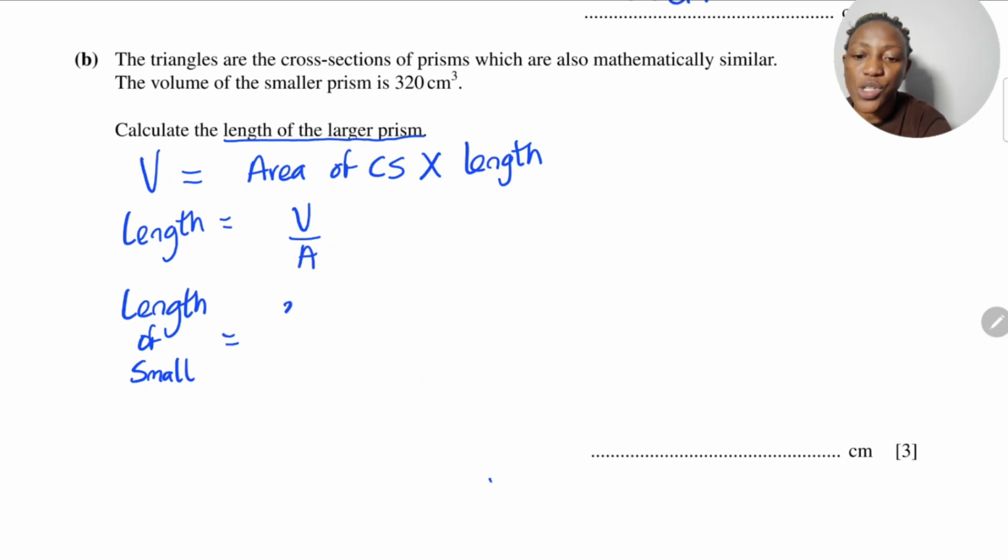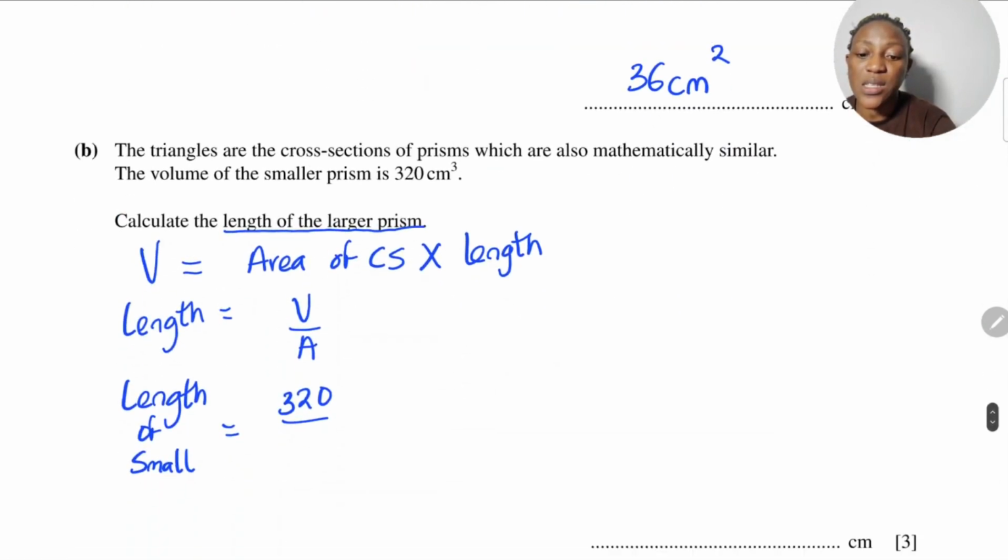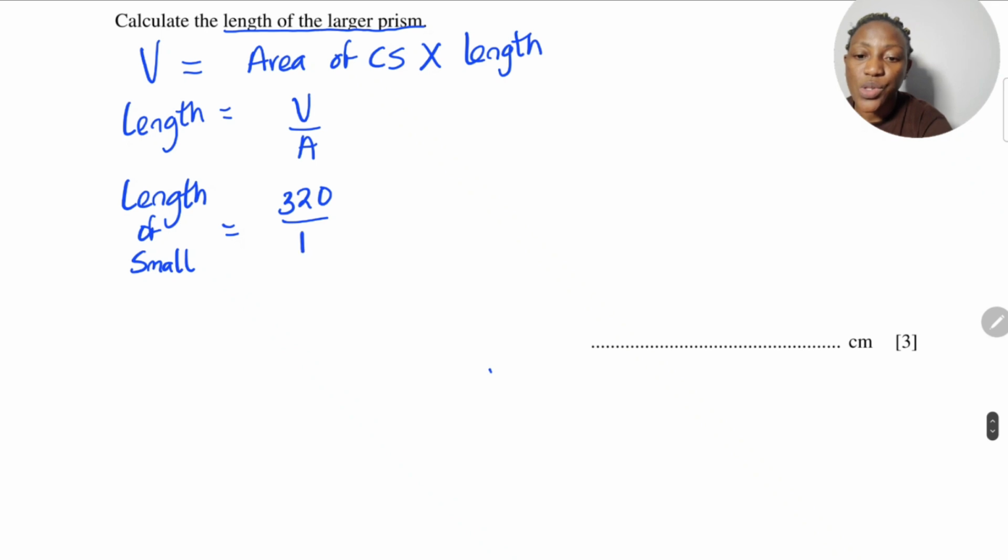The volume, which is 320, divided by its area, given previously as 16 centimeters square. So 320 divided by 16 will give us 20 centimeters. Now, that's the length of the small one.